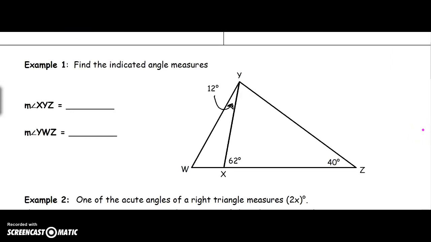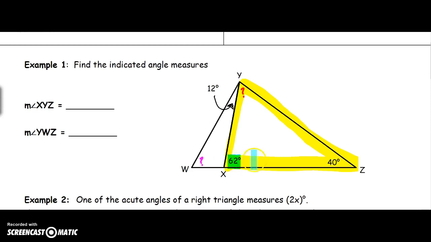Here's an example. It says find the indicated angle measures. So you are looking for angle XYZ, this one right here, and you are also looking for YWZ, this angle here. The first thing we're going to do is take a look at this triangle, because we know two of these angle measures.